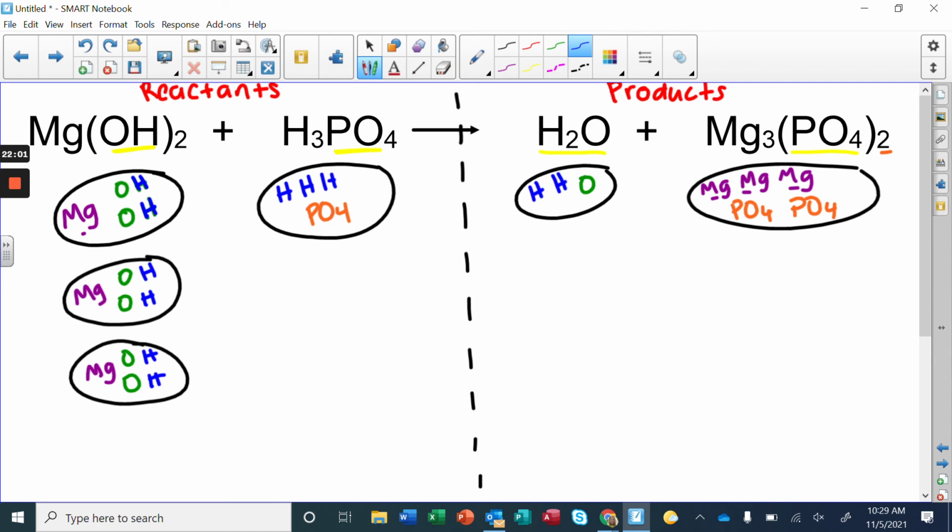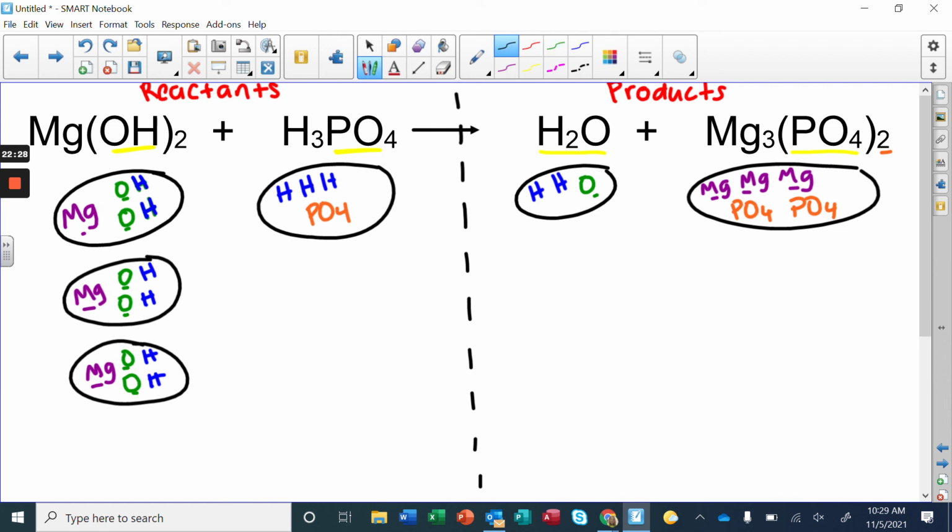Okay, so that's my fault. So we have 1, 2, 3 magnesiums on the reactants and 1, 2, 3 magnesiums on the product side. So we're good. Let's go and let's count our oxygens next. We have 1, 2, 3, 4, 5, 6 oxygens on the product side, and I only have 1 oxygen on the reactant side. So let's go ahead.